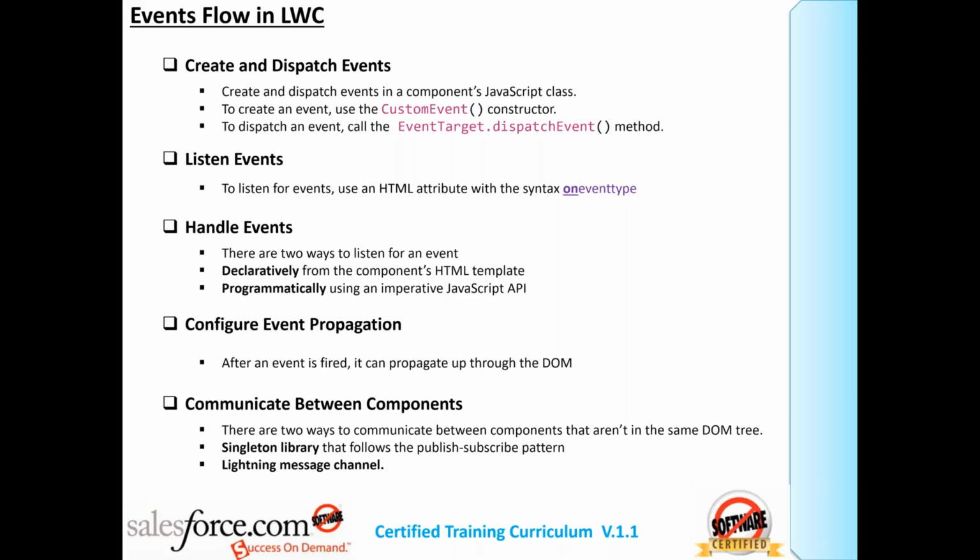So what is the event flow, or DOM event flow, or DOM event propagation? If somebody asks, both are the same. Create and dispatch the event. Second, listen to or handle the event, which is divided into declaratively and programmatically.